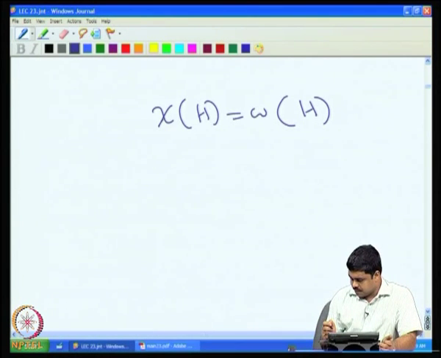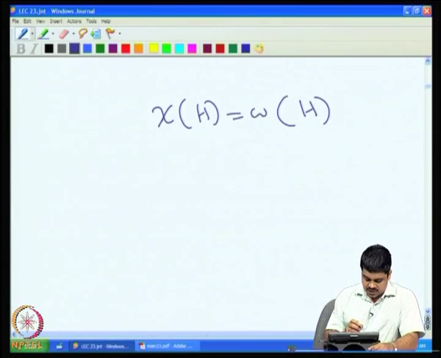To show this, we should first understand what is the chromatic number of such a graph. Now, if I look at the chromatic number of this graph, what will it correspond to for its complement, which happens to be a bipartite graph?